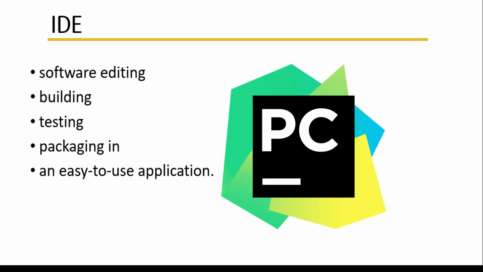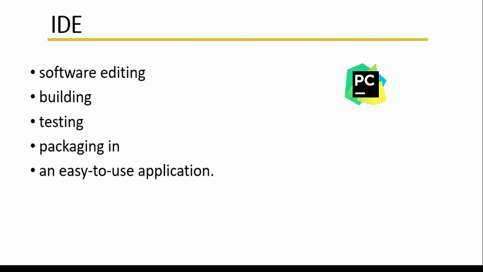In this course, we are going to use PyCharm, an integrated development environment developed by JetBrains, primarily known for its support for Python development. PyCharm supports code compilation, code inspection, debugging, refactoring, project navigation, and various frameworks.